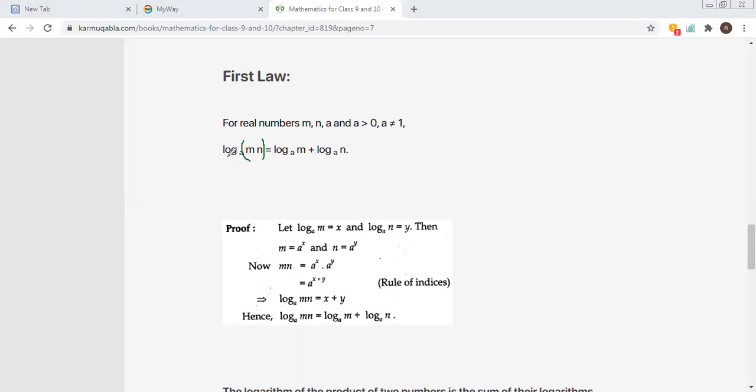The numbers which are multiplying in the bracket are written outside the logarithm symbol, so it will be equal to log a m plus log a n.